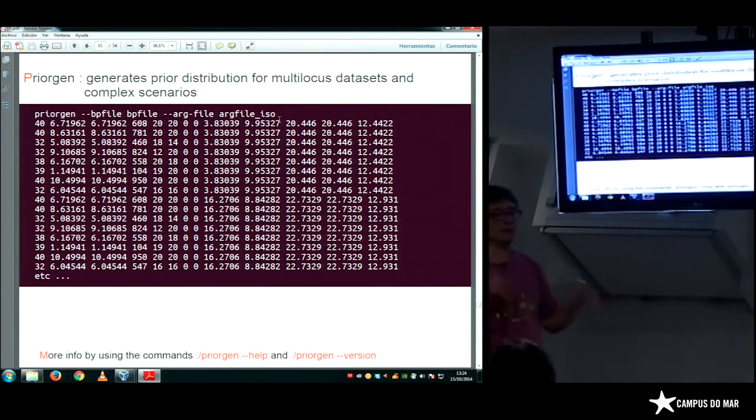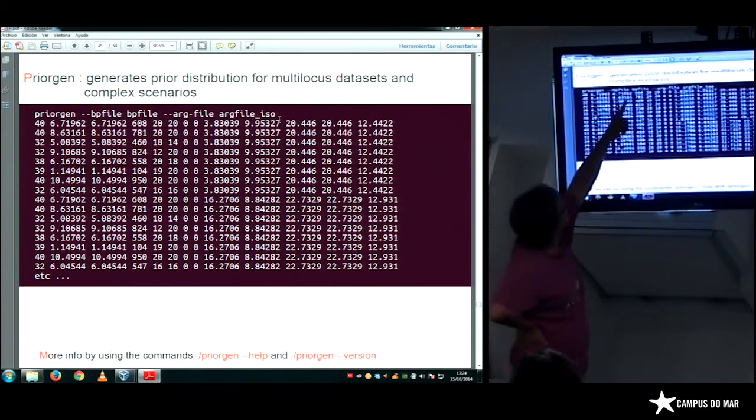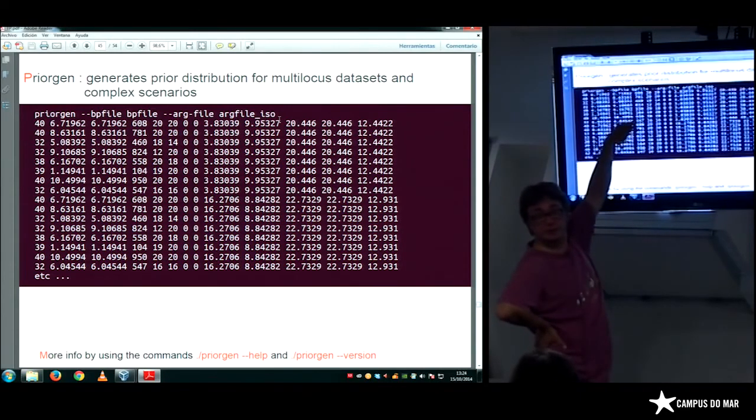If you do 1 million simulations, you will have 8 million lines. Okay? Here it's theta, the population recombination rate, the size of the sequence in BP file.